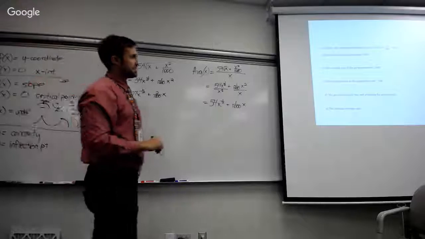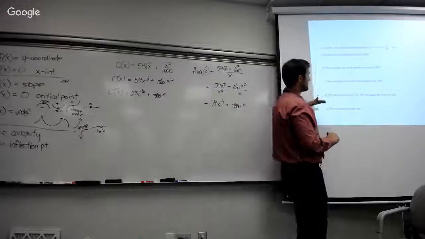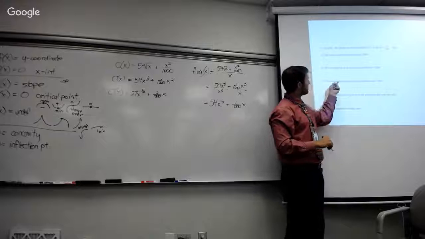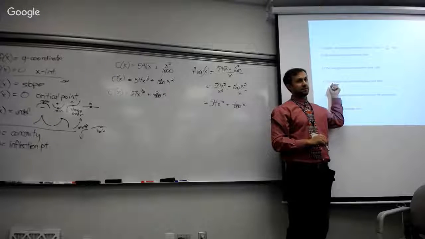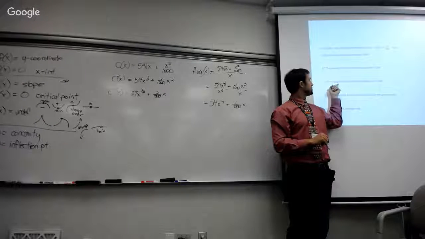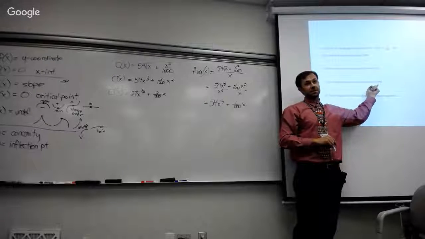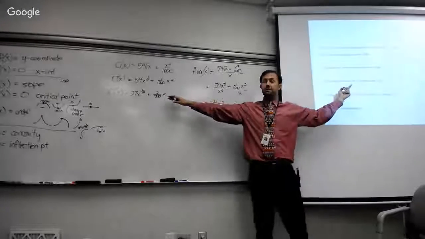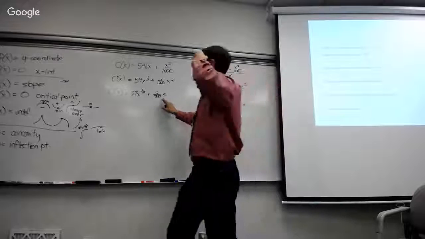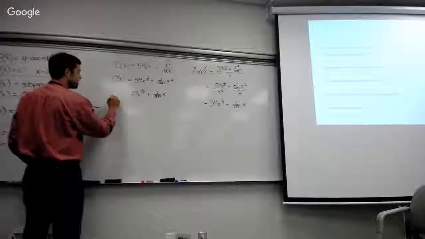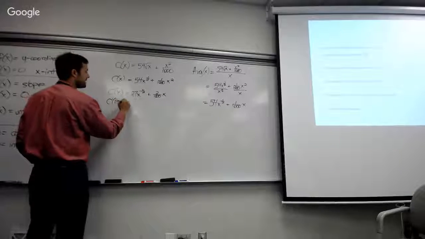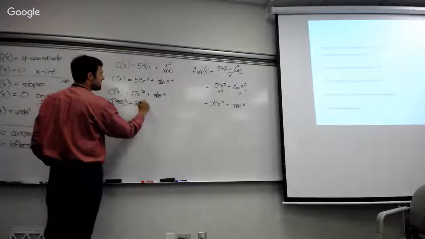Are they asking us to find the minimum cost? What are they asking us to do? They just want the marginal cost at the level of 1,300. So do we have to set this derivative equal to 0? No. All we have to do is plug in 1,300. So we plug in the 1,300, and that will tell us the marginal cost at 1,300.